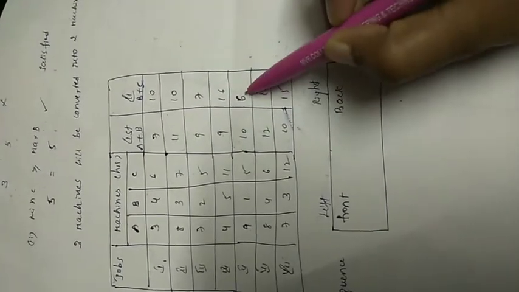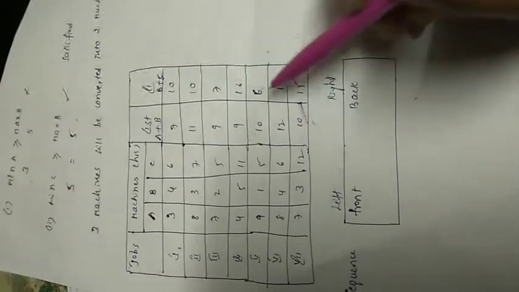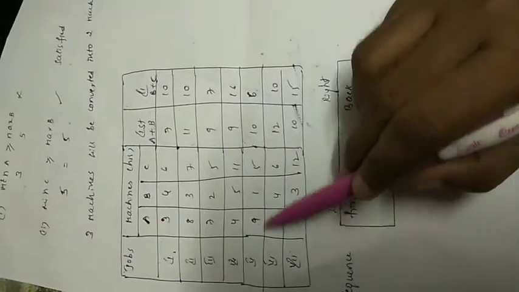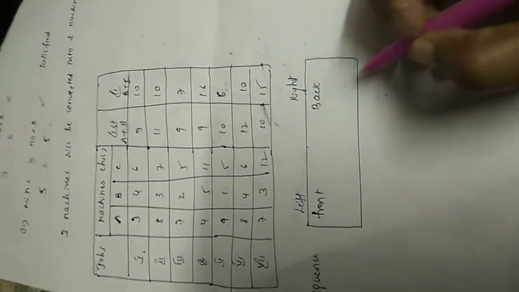So first of all we will check which is least: 7 10 11 10 9 7 9 16 10 6 12 10 10 15. In all of this, which is least? 6 is least, but 6 is in the second machine, fifth job. So the second machine is nothing but back, that is the right side.